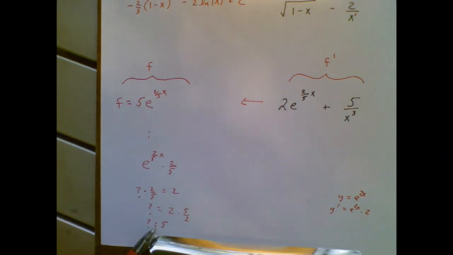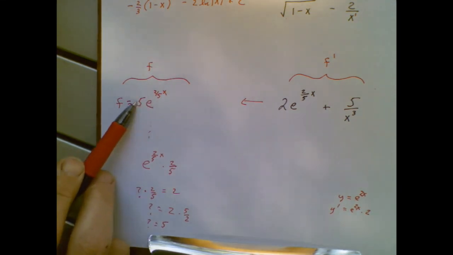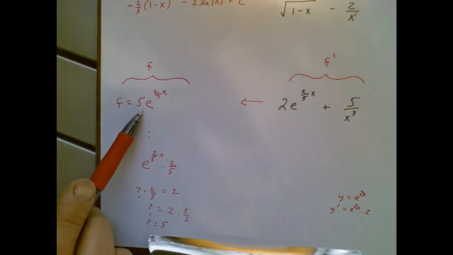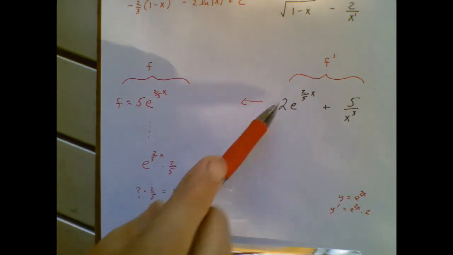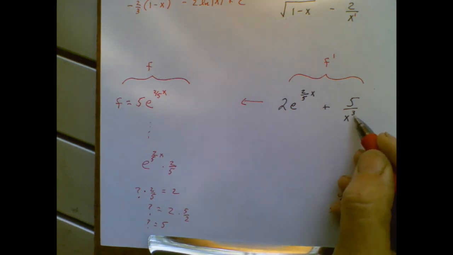So this is using algebra to help me with this trial and error. Some people can just figure this out just by daydreaming about it, and that's fine too. But in the end, you just have to make sure that when you take that derivative, you end up back there.